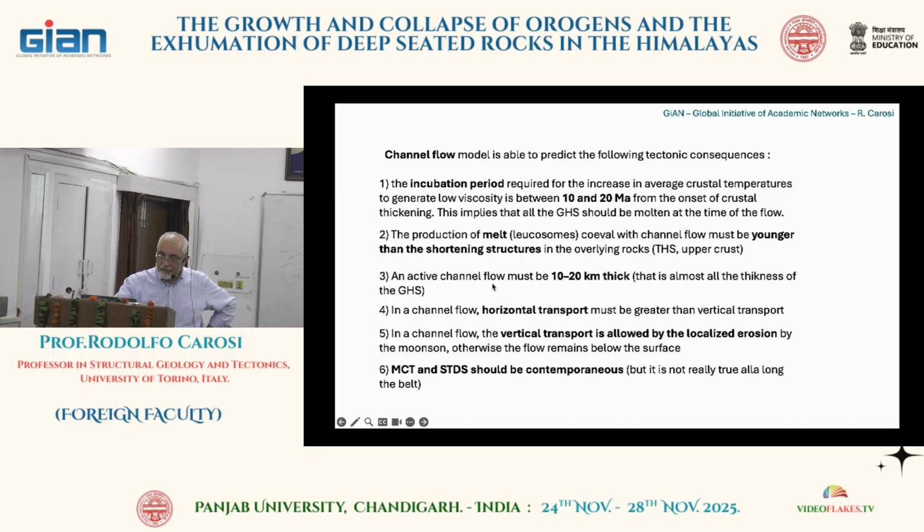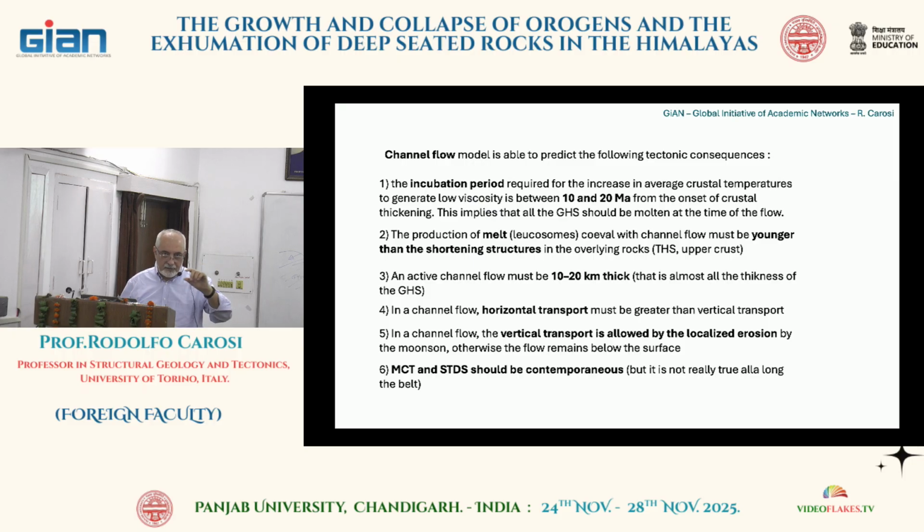Another very important thing is that an active channel must be 10 to 20 kilometers thick to go ahead in an efficient way, because with lower thickness, the model cannot produce the channel flow. But as you showed before lunch, the thickness of the Greater Himalayan sequence changes a lot from west to east.